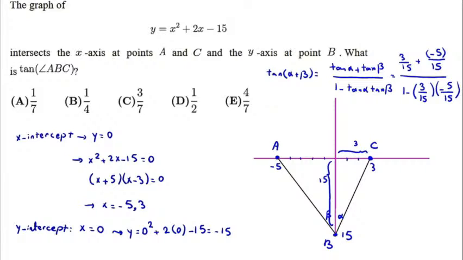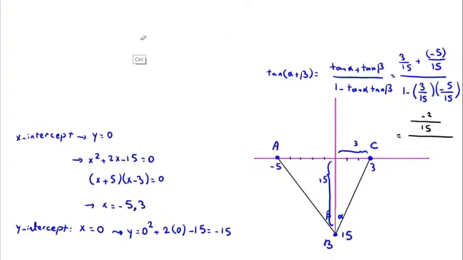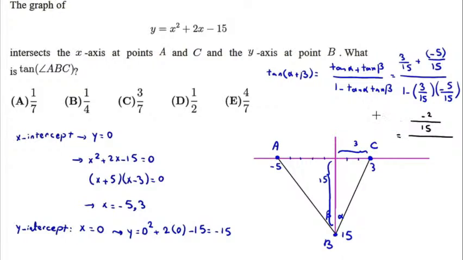So let's simplify as much as we can. 3 over 15 will be 1 over... here it's good not to simplify because we want to use a common denominator. It will be 15, 3 minus 5, negative 2. And in the denominator, let's see, we have what? Let's erase this part.